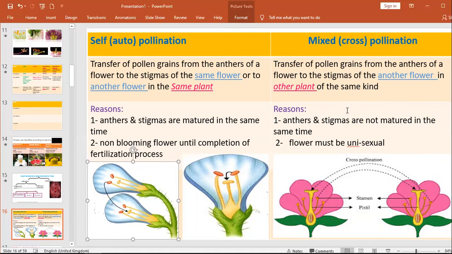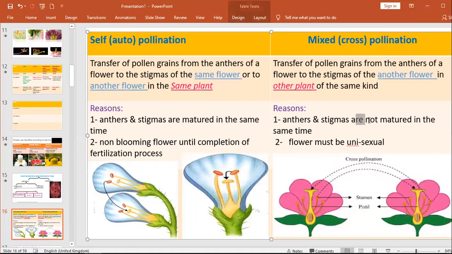Why does mixed pollination sometimes occur? Anther and stigma are not mature at the same time, and the flower may be unisexual. But in self-pollination, both mature at the same time, and the flower is non-blooming. Non-blooming means a non-opening flower until the fertilization process is completed.